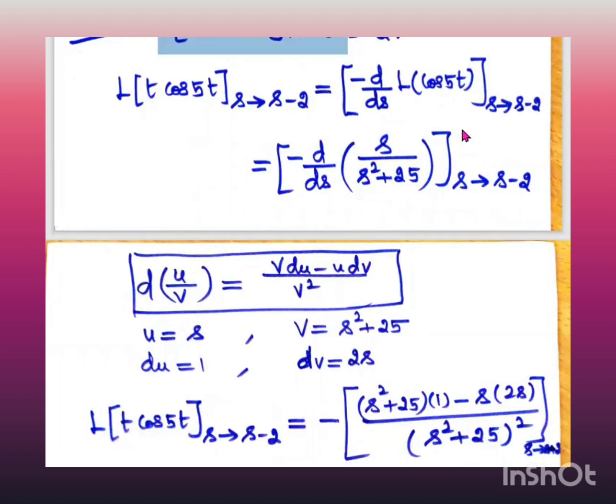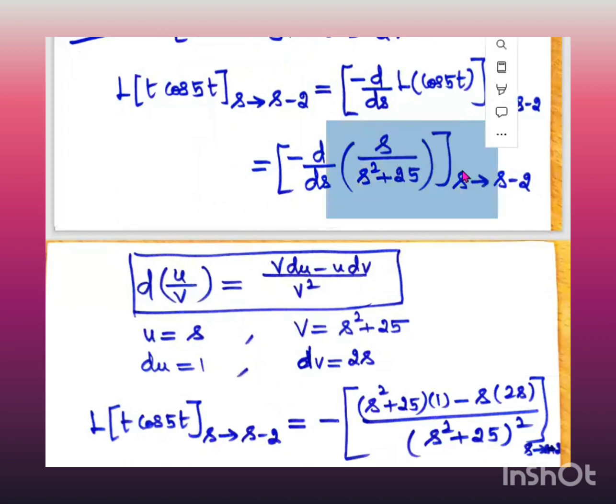L of cos at is equal to s divided by s square plus a square. The Laplace transform of cos pi t can be written as s divided by s square plus pi square. Pi square will be 25. So minus d by ds of s divided by s square plus 25, s tends to s minus 2.